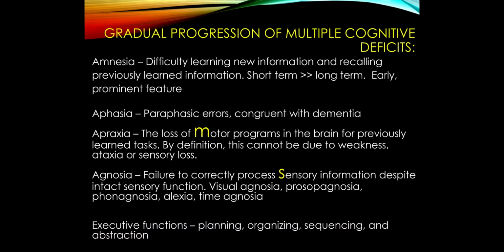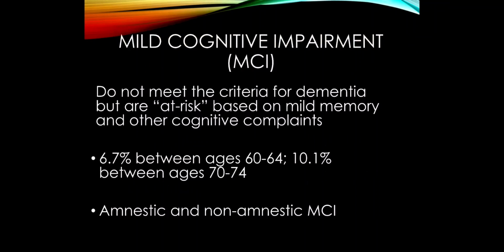So we have the 4 A's: amnesia, aphasia, apraxia, and agnosia. And patients with dementia also have dysfunction of executive abilities. And so these are the higher level cognitive abilities involved in planning, organizing, sequencing, abstraction, and later on in the lecture I'll give some specific examples of these.